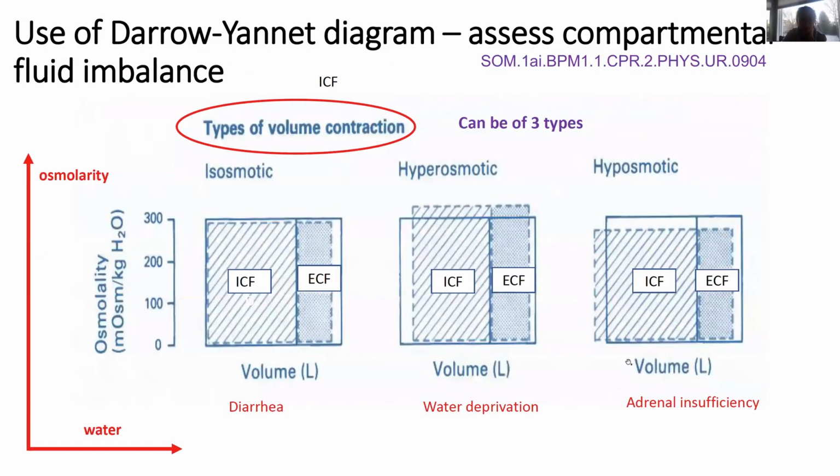I just don't understand why ICF would increase. Yeah, see, she doesn't go into that in too much detail. So adrenal insufficiency, we're thinking like aldosterone problem, right? So we're going to decrease, and as far as I understand it, I really just go off the graph of the y-axis and the x-axis.